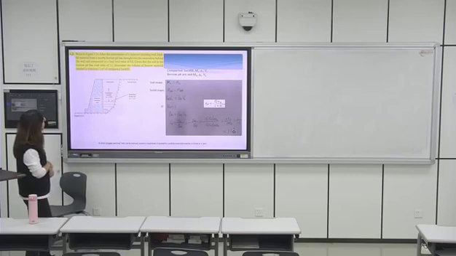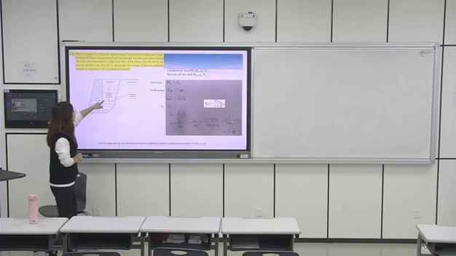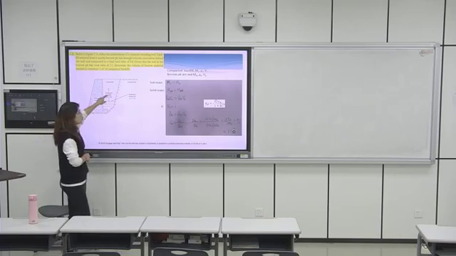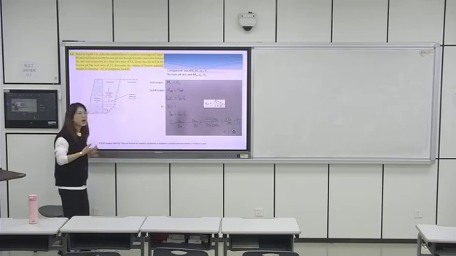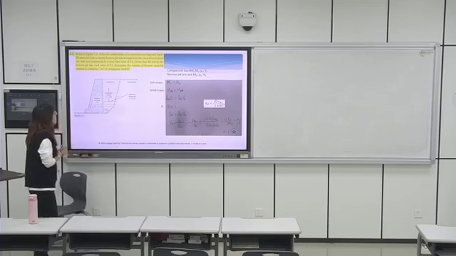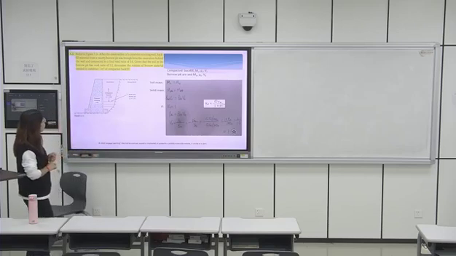The void ratio we want to reach is 0.8. And from the pit, because the soil is natural soil, the void ratio is high, 1.1. It asks you to determine the volume of borrow material.